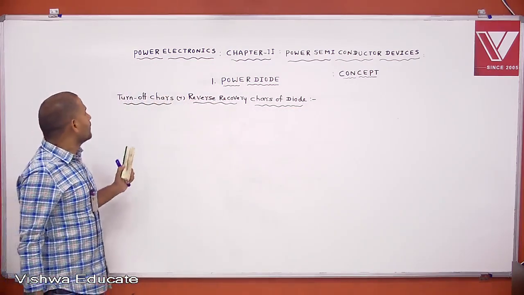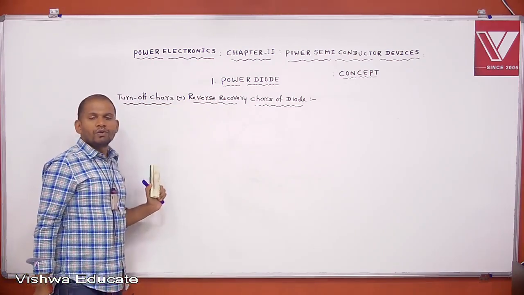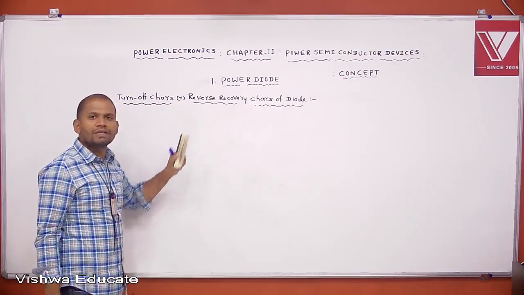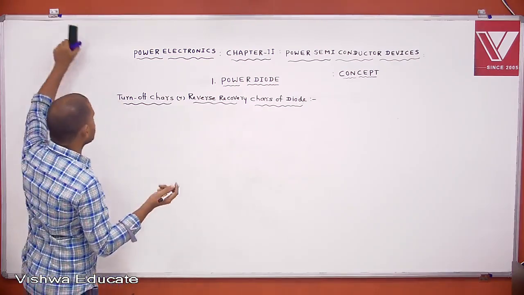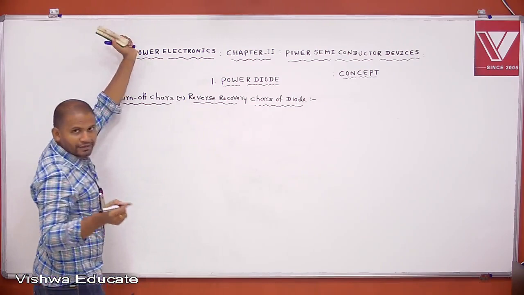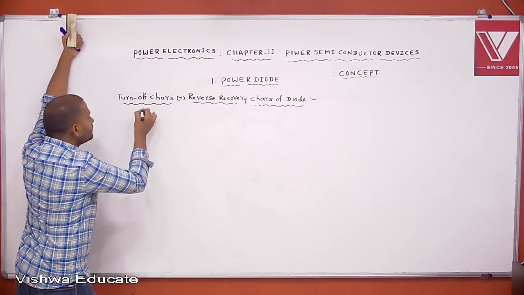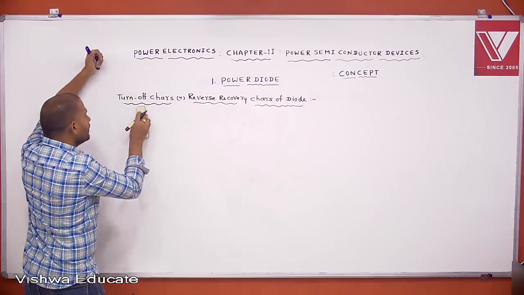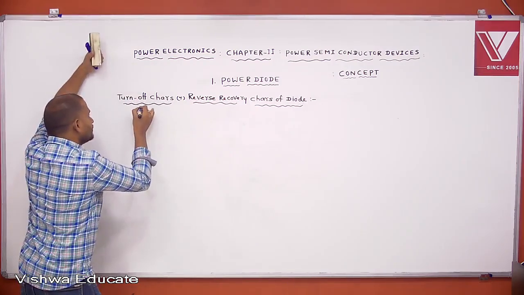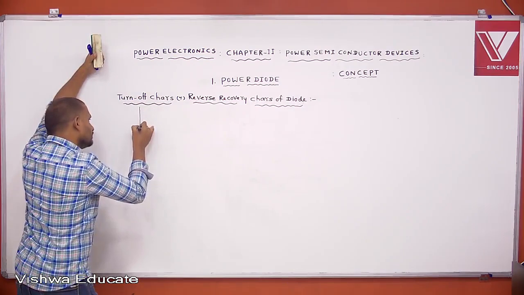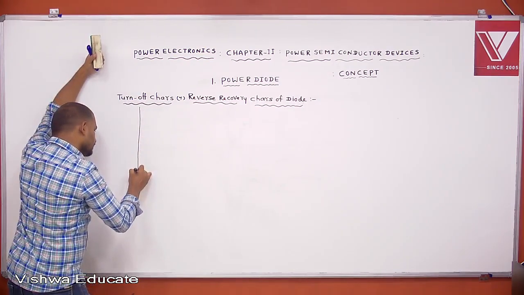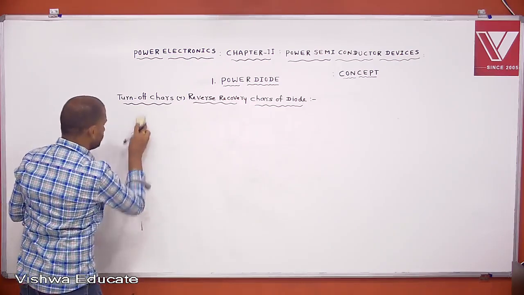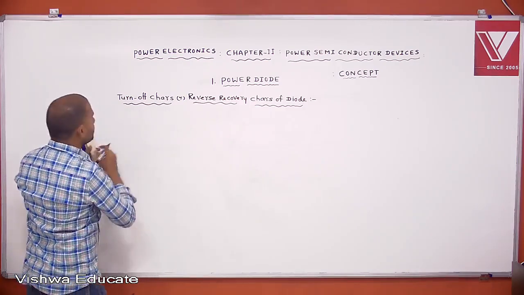First, I want to draw the total turn-off characteristics of a diode. Later on I will explain the significance of these characteristics. First you draw these characteristics; parallelly, as I draw, you draw these characteristics.